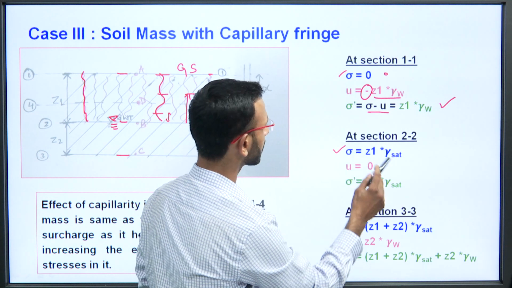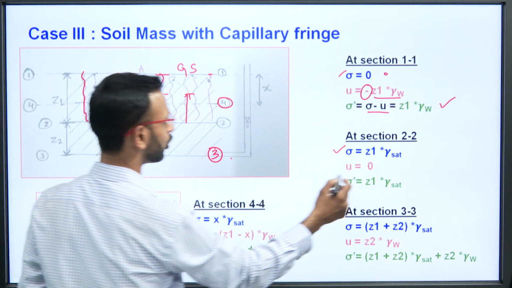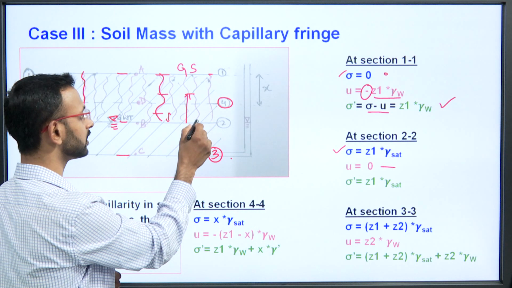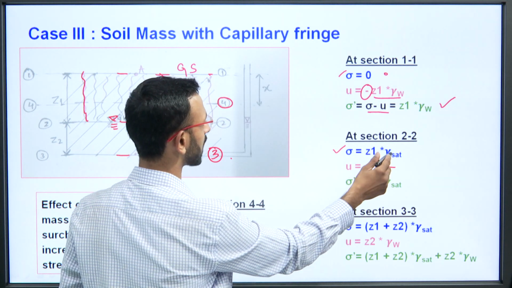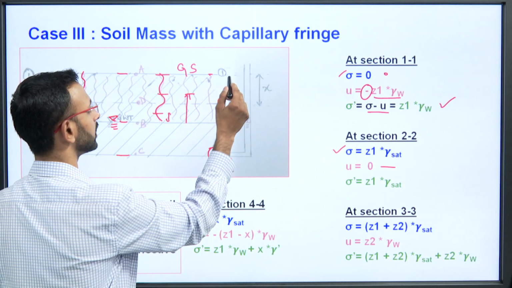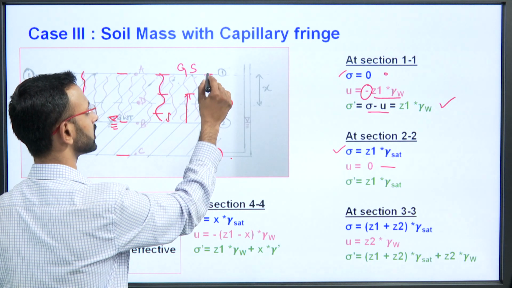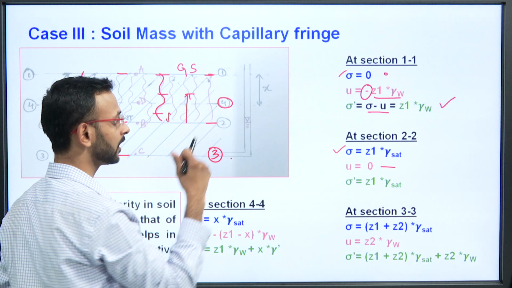Now see here, at section 2.2, where the groundwater table level is, the pore water pressure will be 0, because if we apply a piezometer here, there will be no rise in the water level, and the total stress will be Z1 into gamma saturated, because the soil mass above this 2.2 section till the 1.1 section is saturated with the help of capillarity.